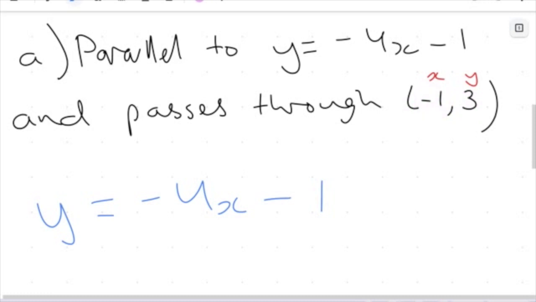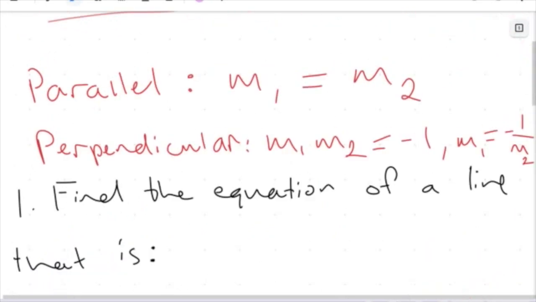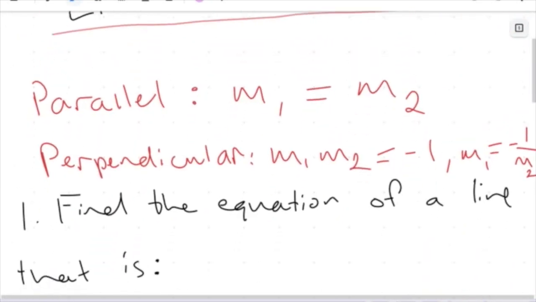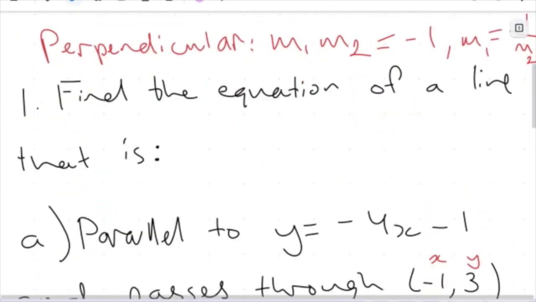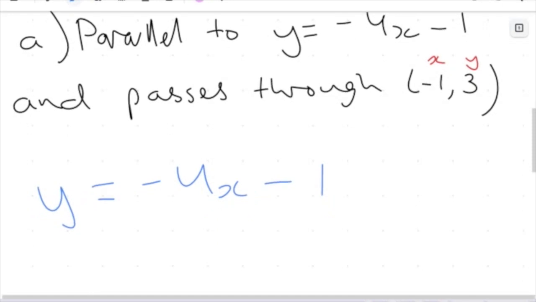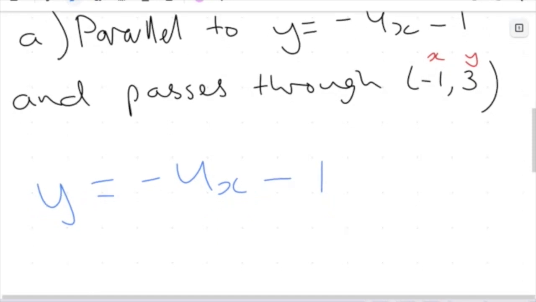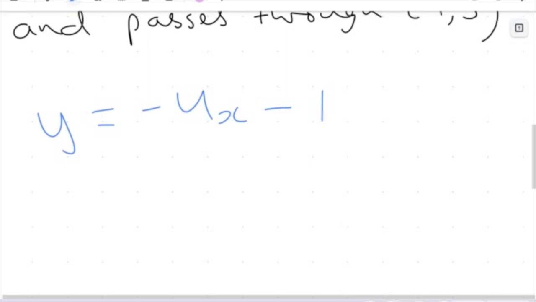So when we approach any of these types of questions, particularly with parallel and perpendicular lines, we want to pause for a minute, go back to these two definitional things we talked about earlier in the video, and think about how we can apply these. So we have a line of y equals -4x minus 1.